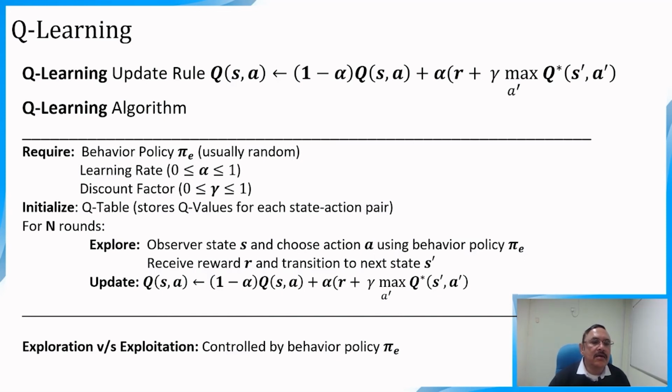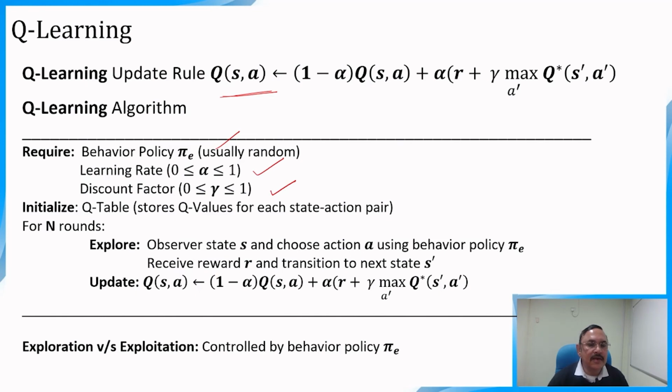Now, Q learning will update using the rule: Q of S, A is equal to 1 minus alpha times Q of S, A plus alpha times r plus gamma times the max of the Q values. The Q learning algorithm can be represented here. It requires a behavior policy, which is random, a learning rate alpha between 0 and 1, and a discount factor gamma between 0 and 1.